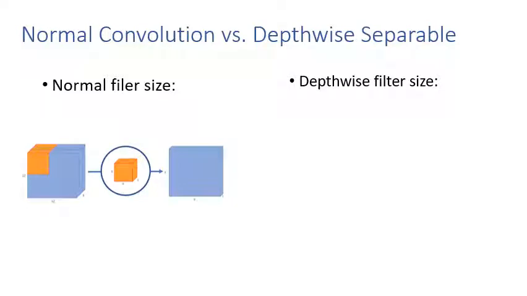Let's compare the number of parameters in normal convolution with depthwise separable convolution. In a normal filter, suppose we have a 12 by 12 by 3 input feature map, and we want to apply one normal filter, only one. We will select a 5 by 5 filter, and Keras or other frameworks will automatically match the input channel dimension.